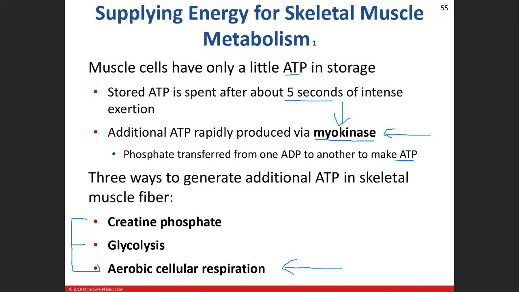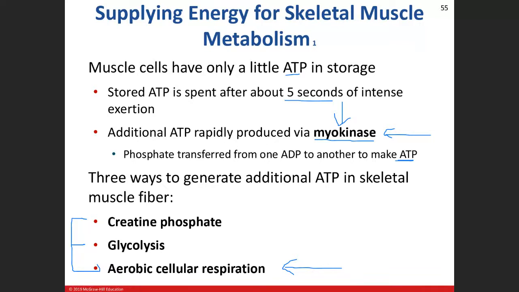Where oxygen helps to get pyruvate. You don't need to really know this for this class, but pyruvate is what we call an intermediate product. We break down glucose into pyruvate, and then we take the pyruvate and bring it into the mitochondria, and the mitochondria breaks it down more. It makes ATP.